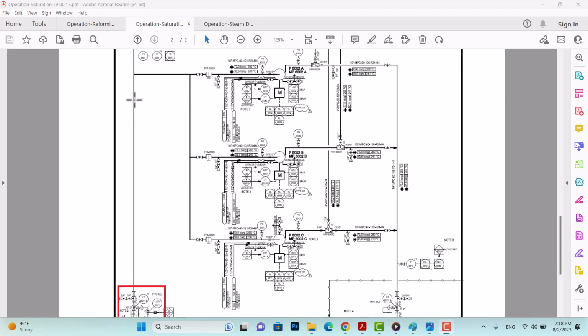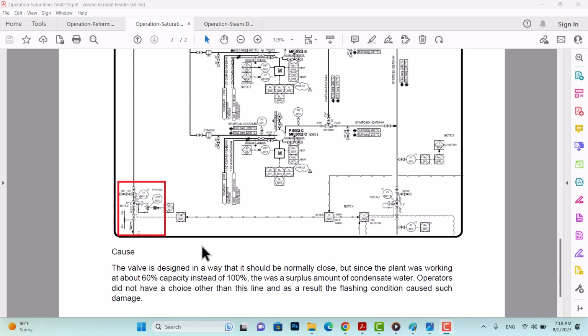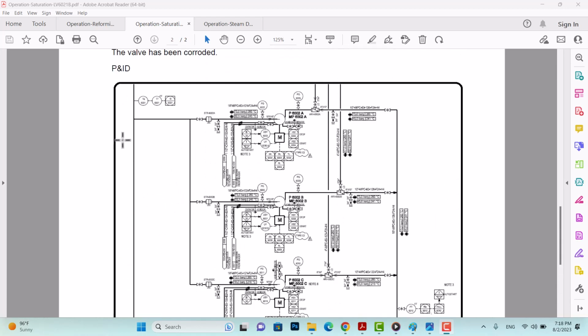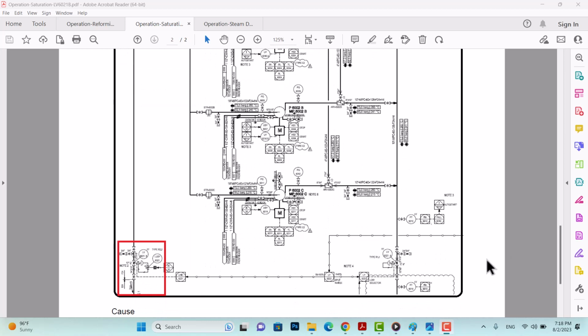As you see here, this line is connected to the deaerator via this control valve, and this line is only used during a startup of the plant. So we can call this one the normally open valve, and this valve normally closed, because we're not going to use it in normal conditions at 100% capacity.